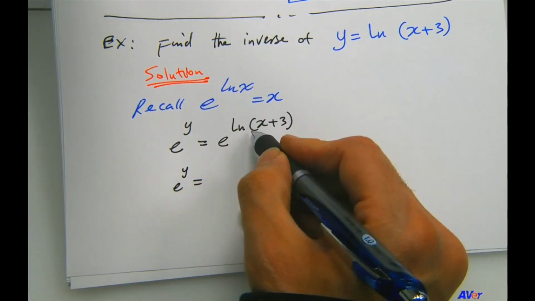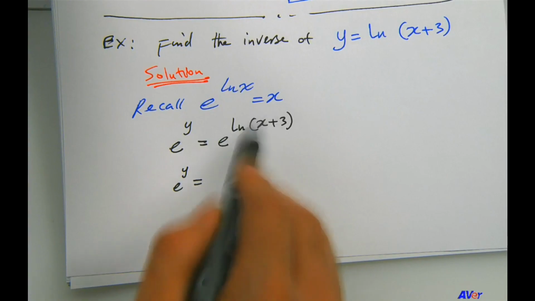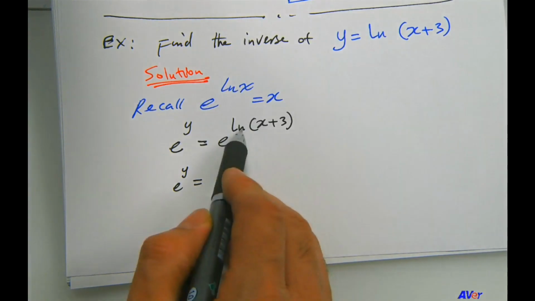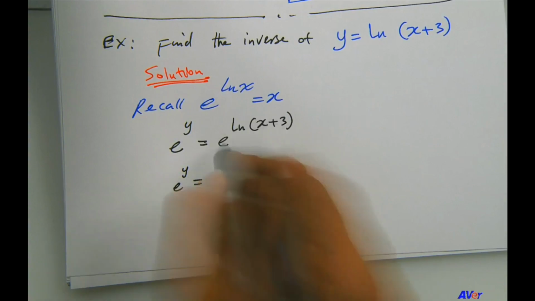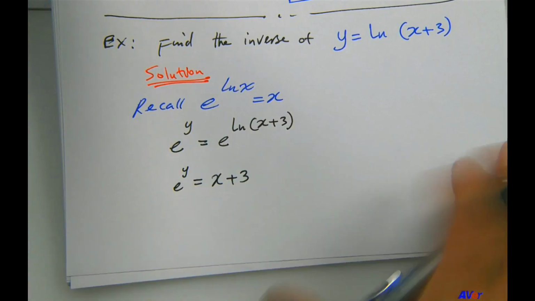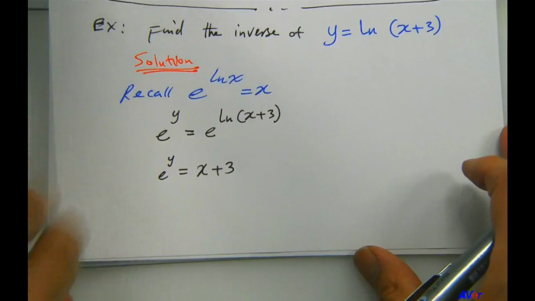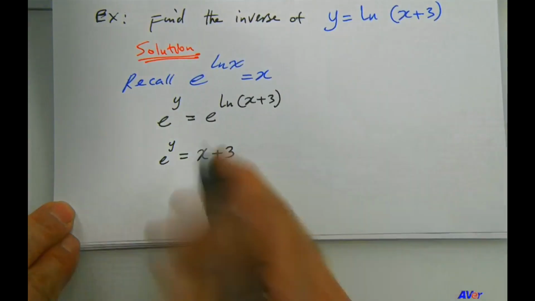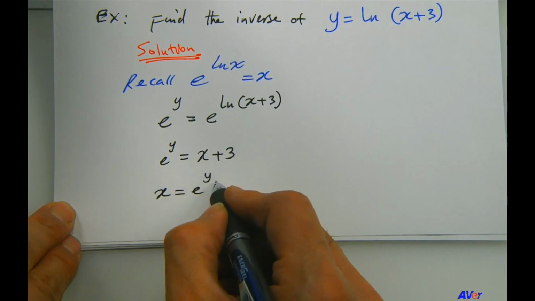On the right, we're going to be left just with the argument of the natural log function, because that is the exponent of e. So we have x plus 3. And remember, we're solving for x, right? So then x would be equal to e to the y minus 3.